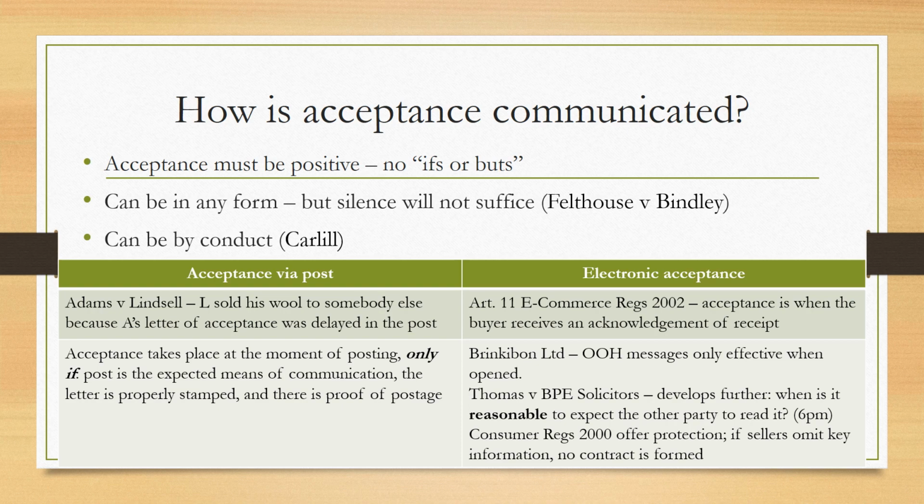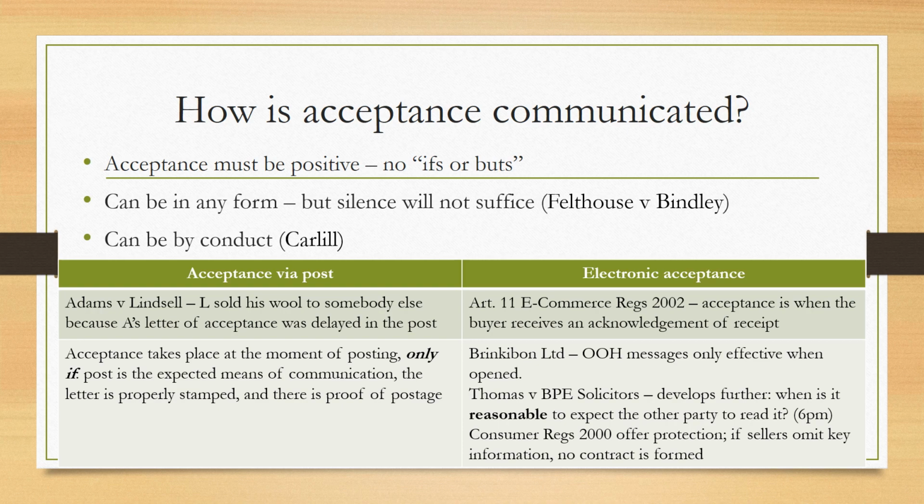So in summary, for instantaneous methods of acceptance, they take place when received, but only when reasonably expected to be received and when opened. And I don't know whether you knew this, but via email, sometimes you can request a read receipt, certainly through Outlook. So you could actually, if you're accepting an offer, have a receipt of that acceptance.